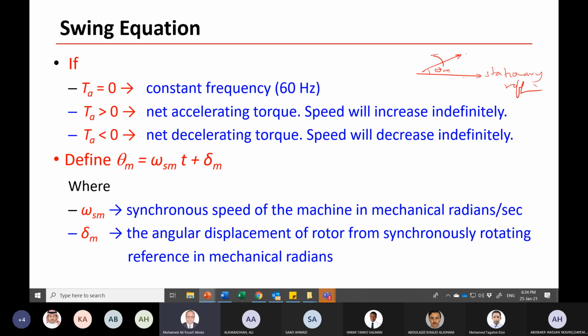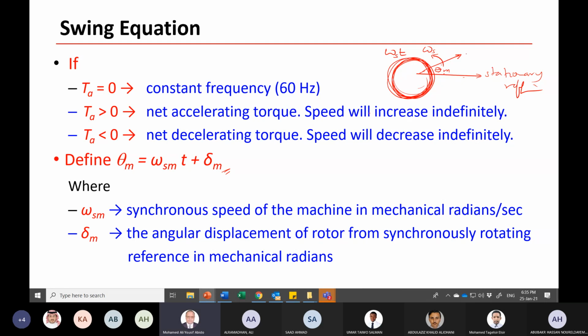If the rotating speed here is omega, what is the angle after some time? You are measuring this angle. So the displacement equals this angle, which is the original shift from here, plus omega_S times t, plus the angular displacement.